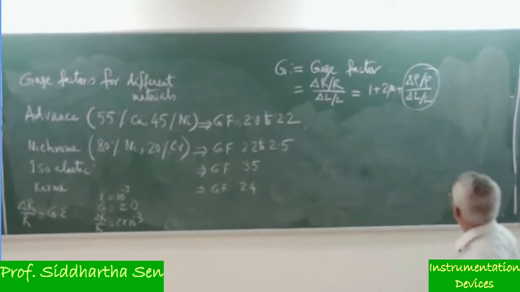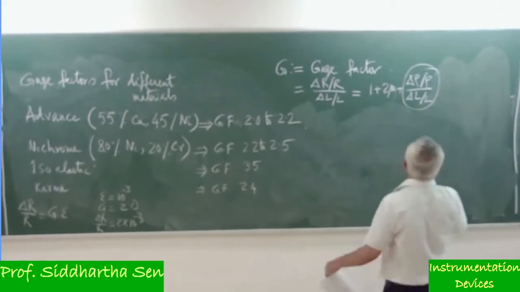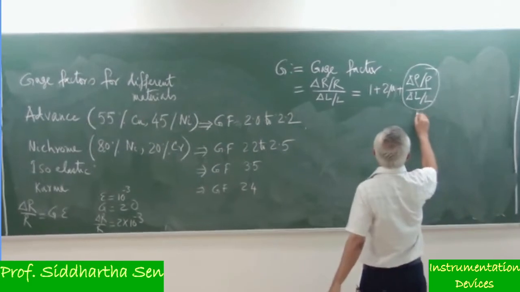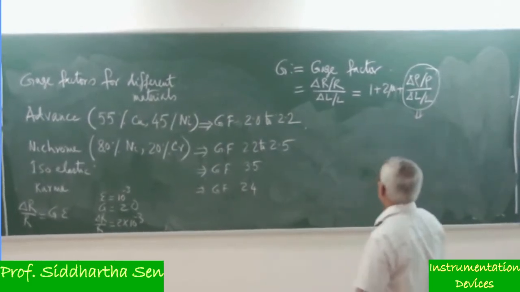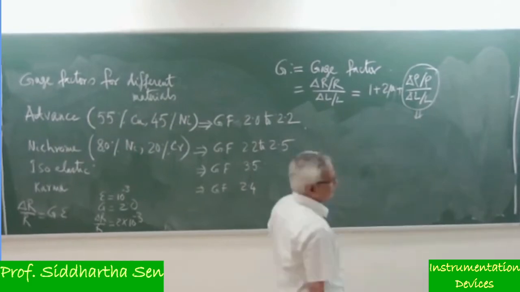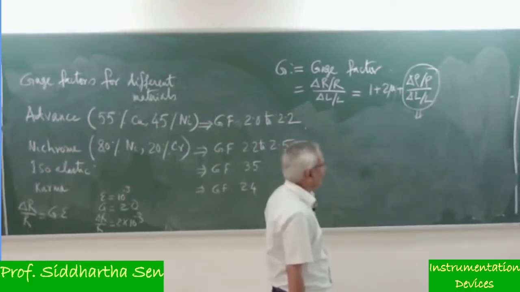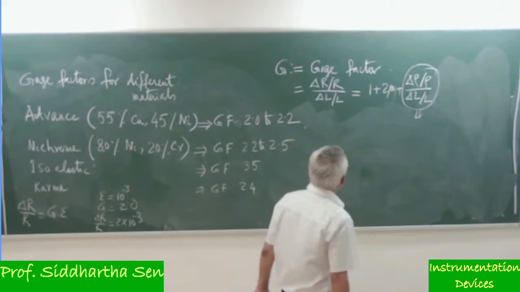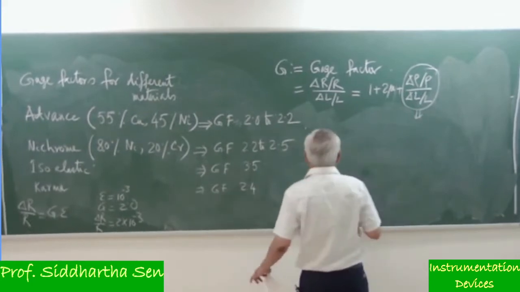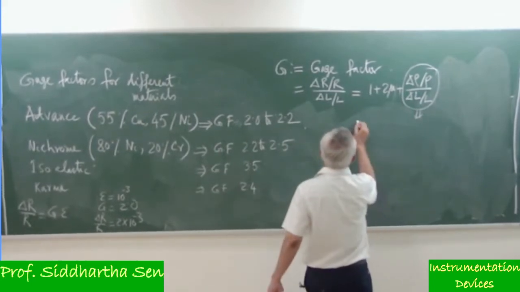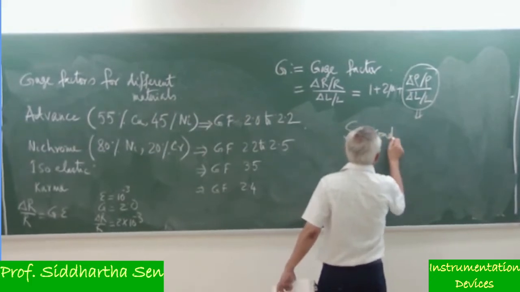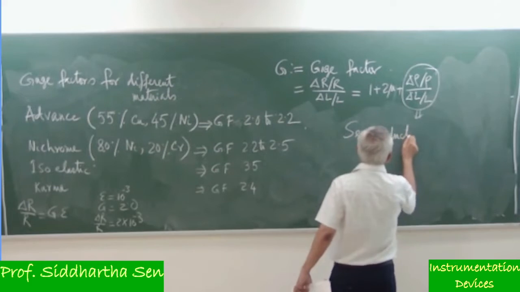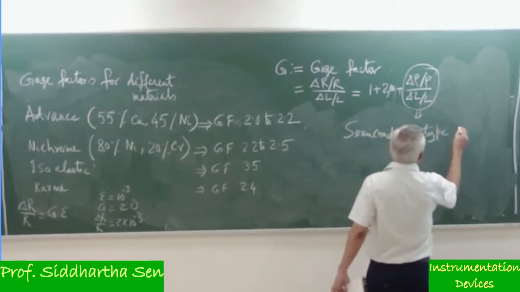But the only thing we can do is choose a material where the change in resistivity due to strain is high, and that is what we call a semiconductor type strain gauge.